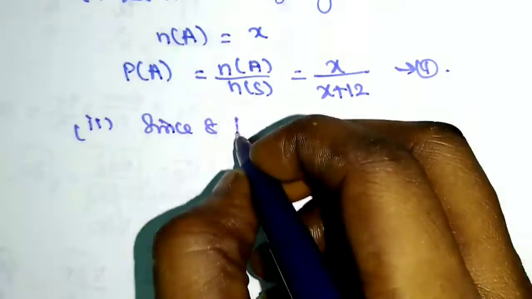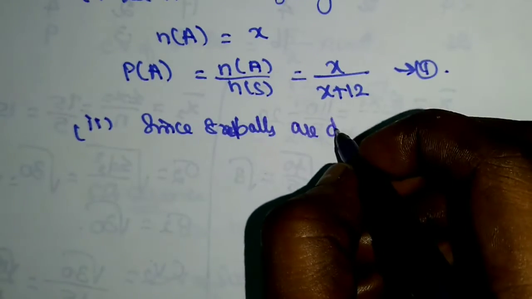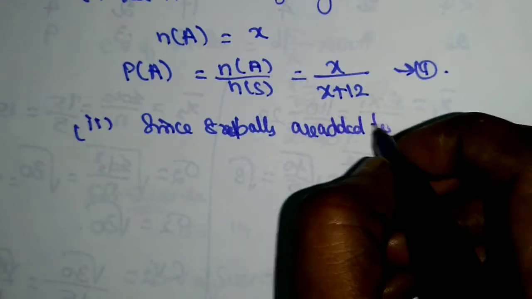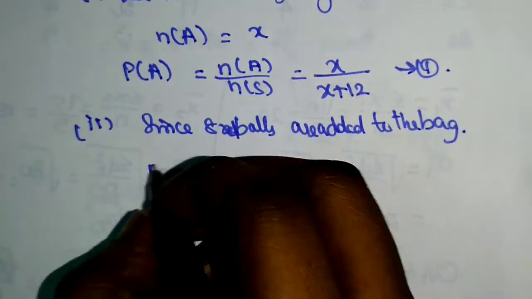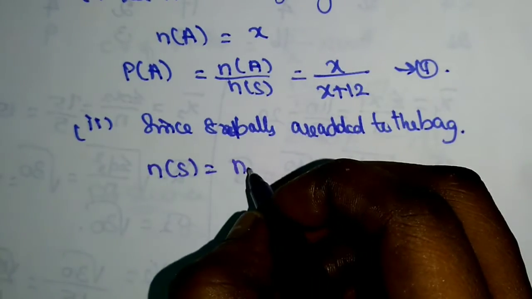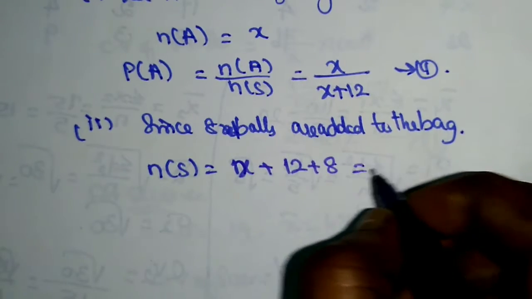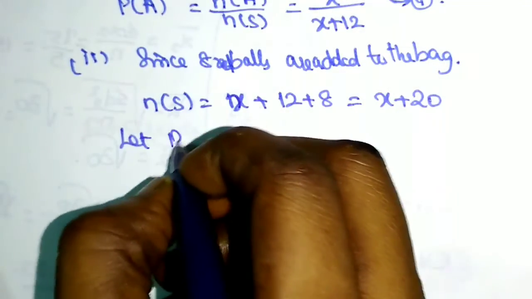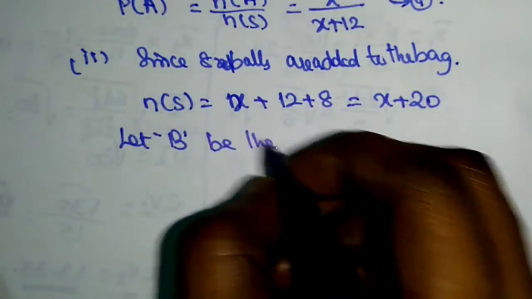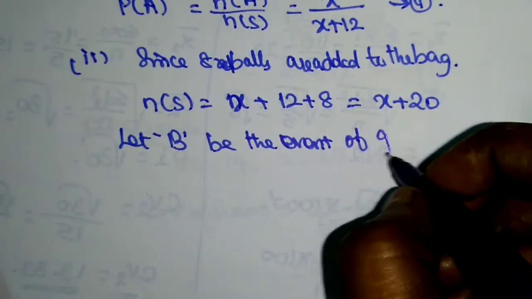Now the second problem. Since 8 red balls are added to the bag, n(S) can be written as x plus 12 plus 8, so x plus 20. Let B be the event of getting a red ball.